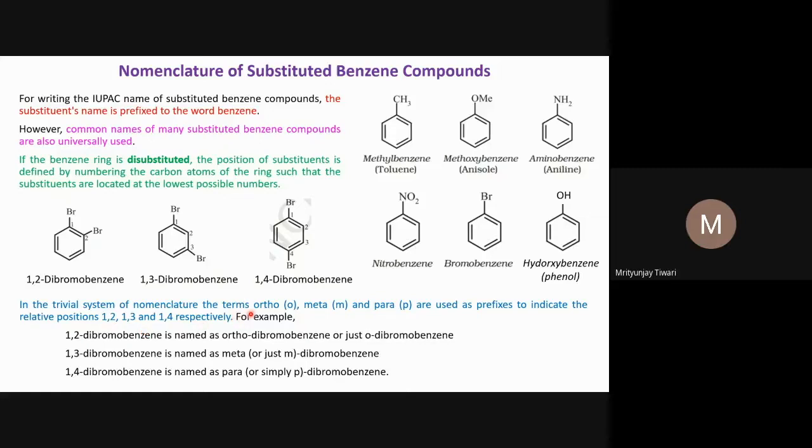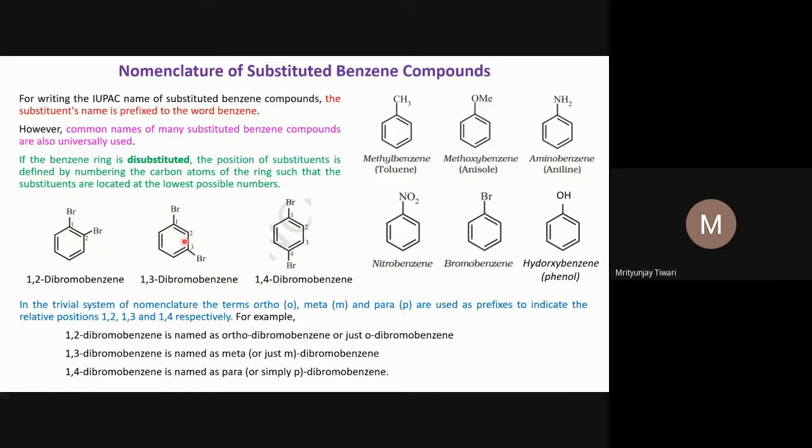And in the trivial system of nomenclature, you will see it later. The terms ortho, meta, and para are also used for disubstituted benzenes, and these prefixes are used to indicate the relative position. So 1,2, 1,3, 1,4. Ortho represents 1,2, meta represents 1,3 substitution, and para represents 1,4 substitution. For this bromine, the other bromine is at the ortho position.